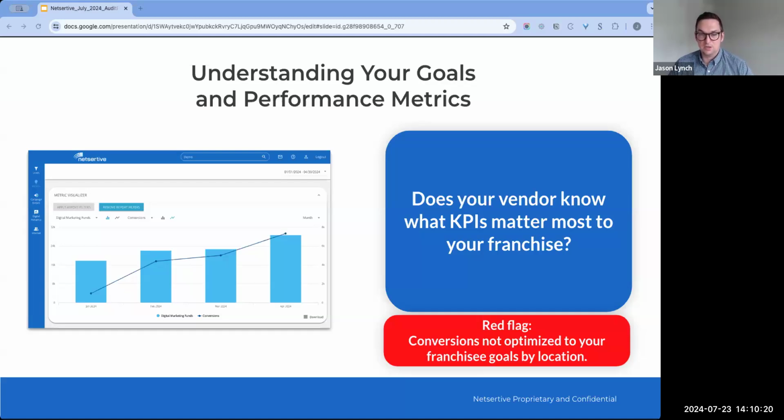And really making sure that the vendors are being aligned with the franchise goals as well, right, at the local level. Because we see there are big goals at the corporate level. You want to see your franchises grow. But when that gets down to that hyper local marketing level, are the franchisees getting what they need to grow their particular business?